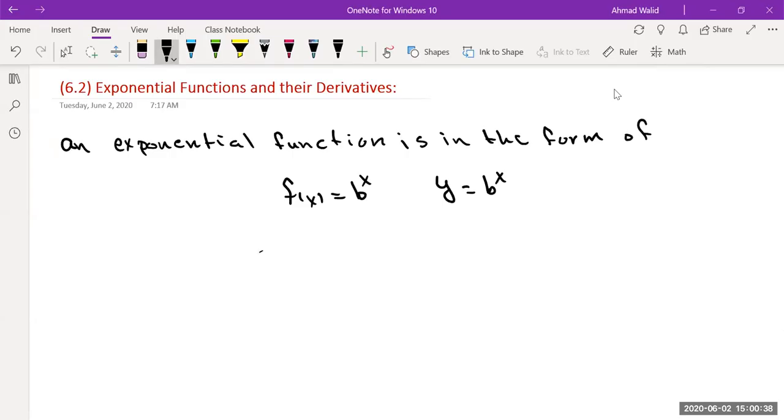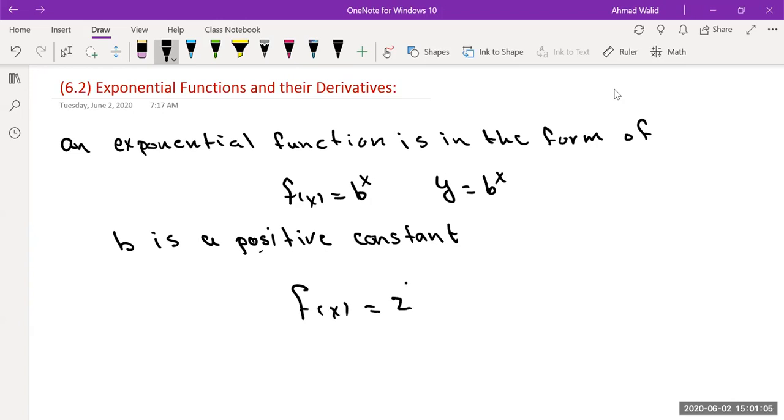Here, b is a positive constant, correct? Your b is a positive constant. For example, f of x equals 2 to the power of x.